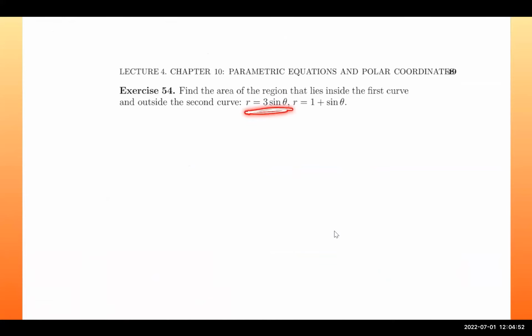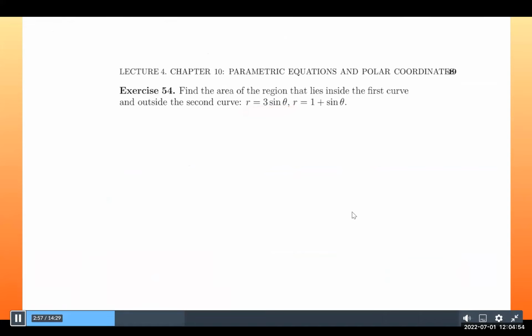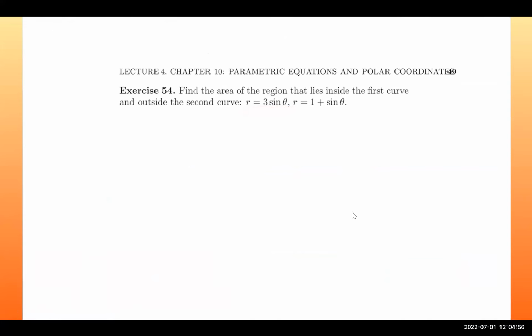The next example wants us to find the area of the region that lies inside the first curve, which is a circle, and outside the second curve, which is a cardioid. You can use Desmos.com again to help you graph these.